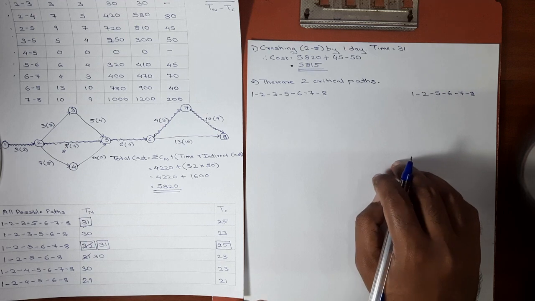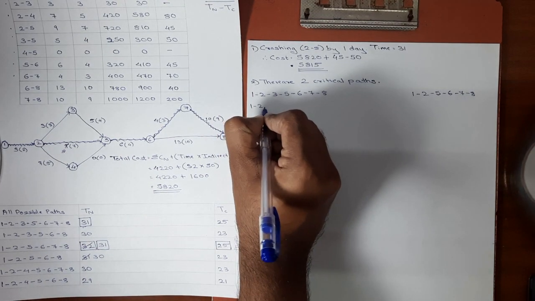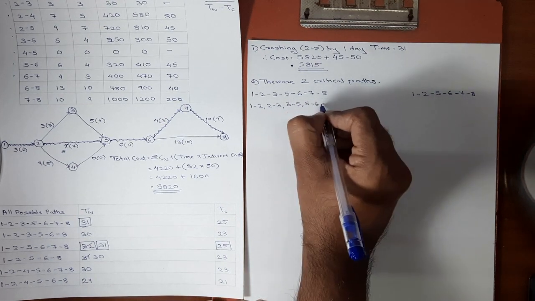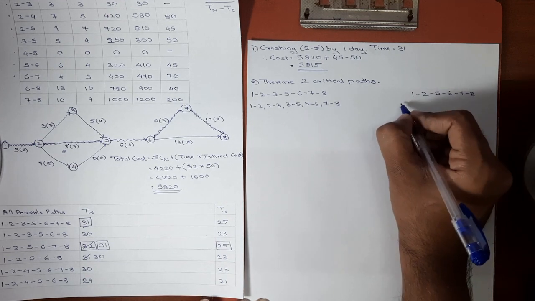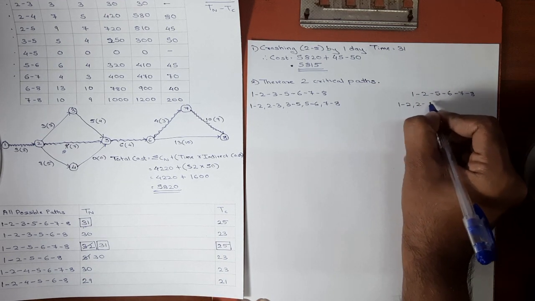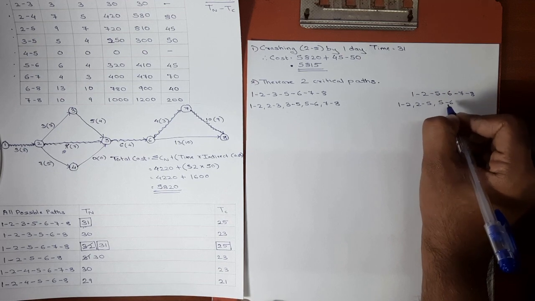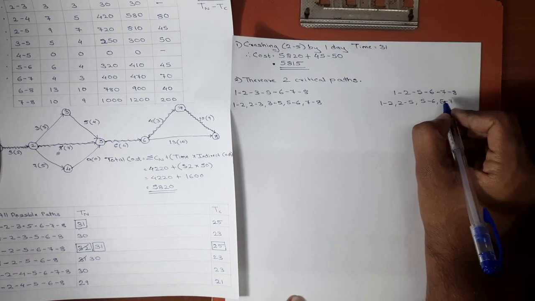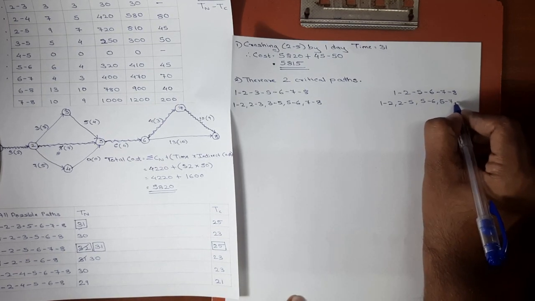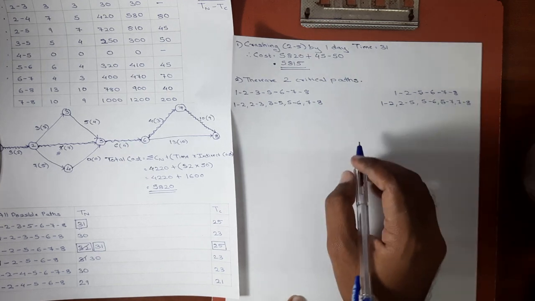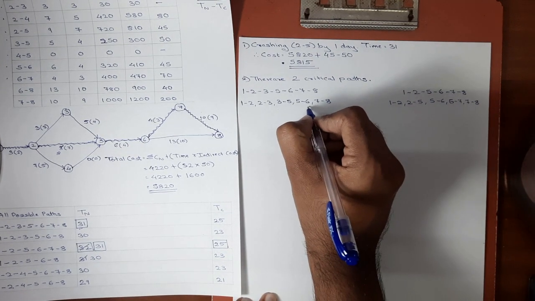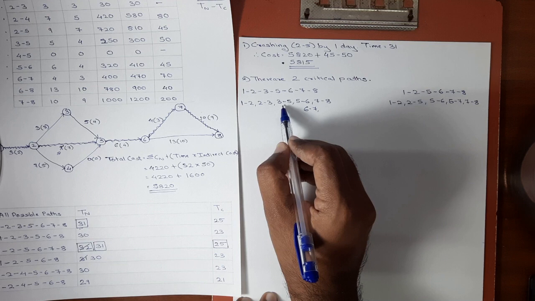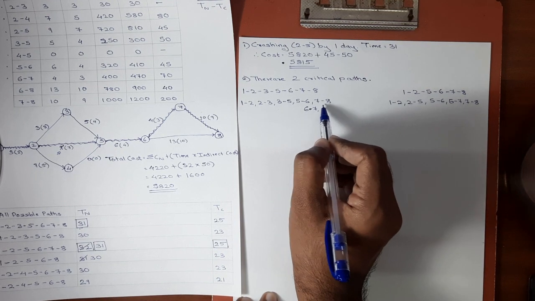We will be listing out the independent activities of both paths. 1, 2, 2, 3, 3, 5, 5, 6, 6, 7, 7, 8. For this path, 1, 2, 2, 5, 5, 6, 6, 7 and 7, 8. Here also activity 6, 7 was missed.